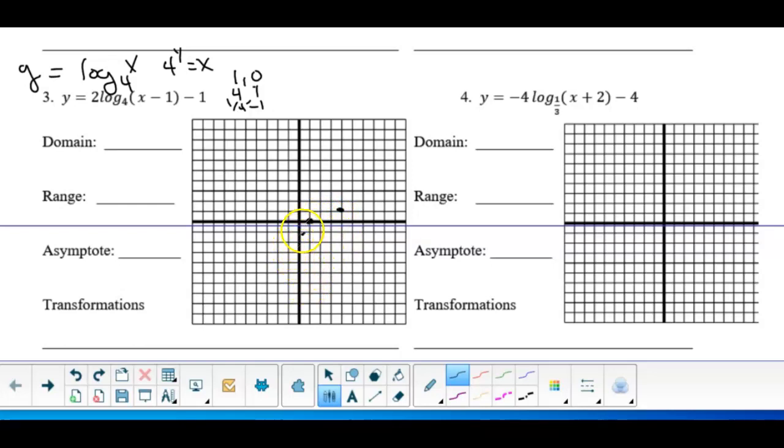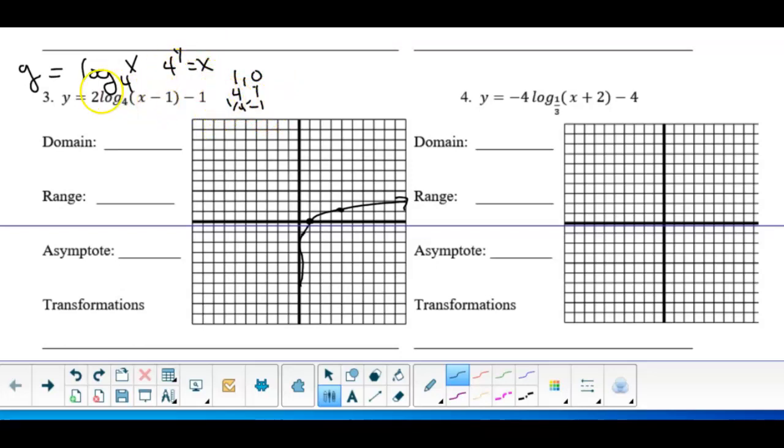So you can see that parent function curve. Our asymptote for the parent function is x equal to 0. So this is my parent log function. You can see how I graphed that: I switched it to exponential, put in a value for y and found x, value for y and found x.